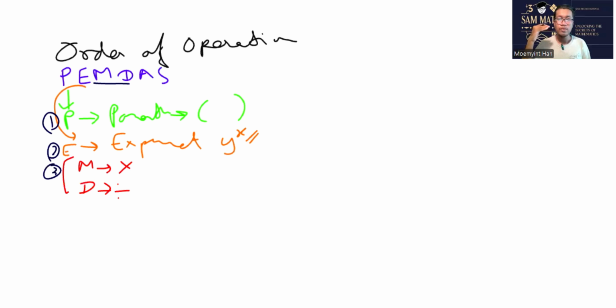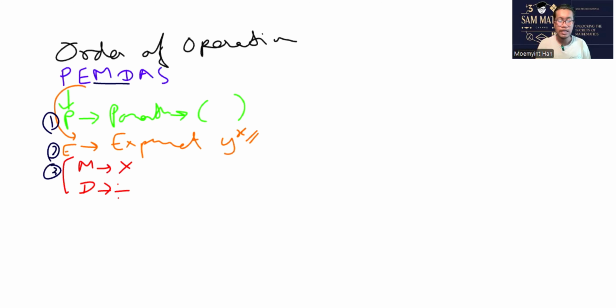Parentheses is the highest level in terms of order, then exponents, and then multiplication and division. It doesn't really matter which comes first: when you see multiplication and division, you do whichever you see first, from left to right. It doesn't matter at all.